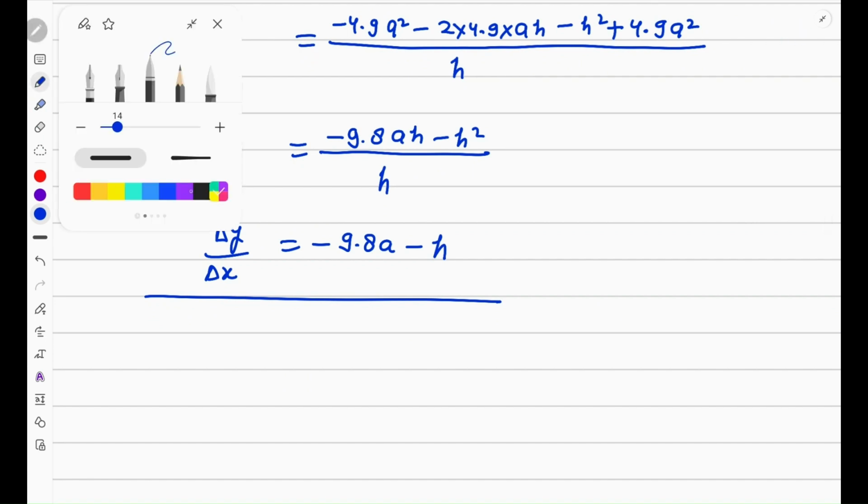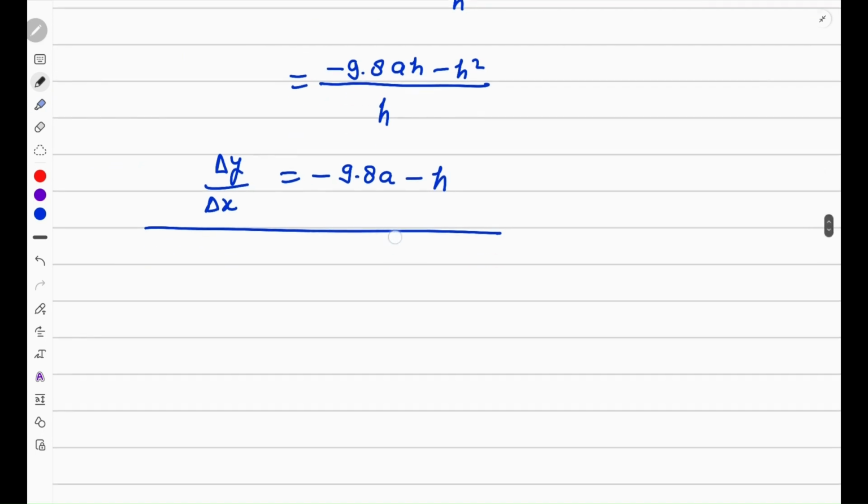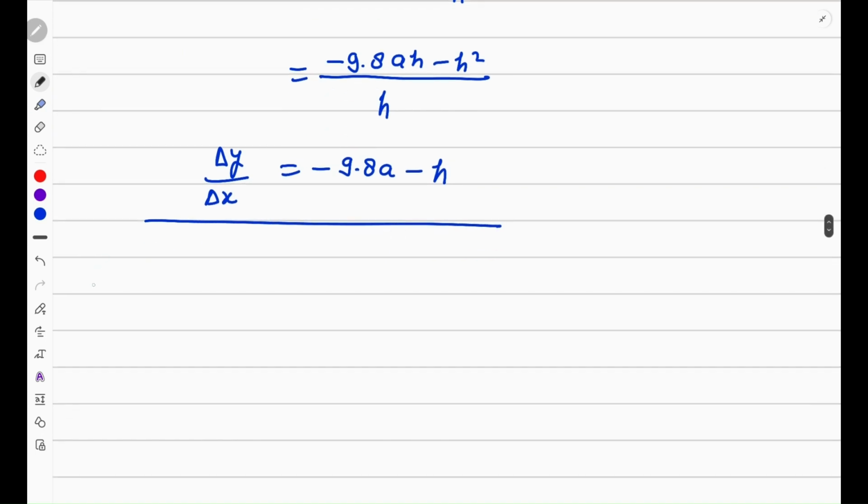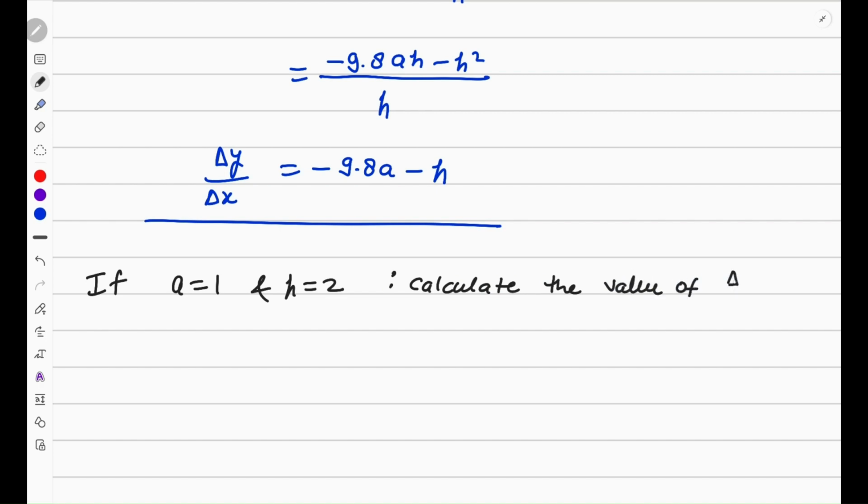Now in this question, if we have the value of a equal to 1 and h equal to 2, we have to calculate the value of delta y over delta x.